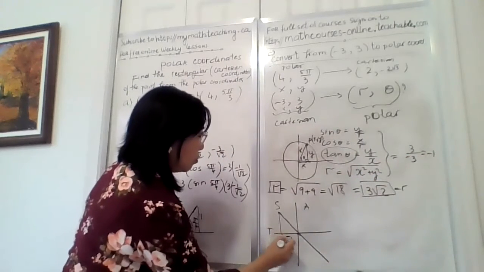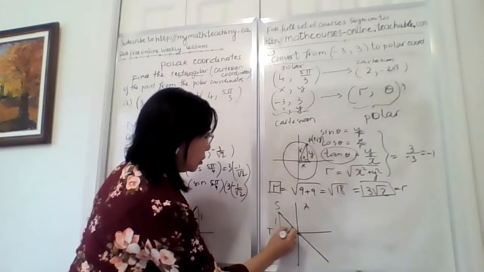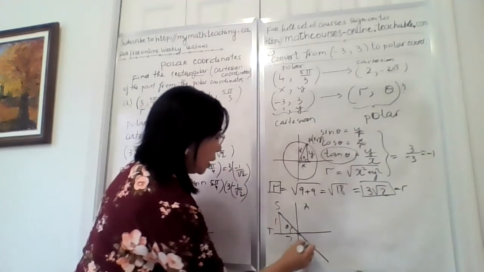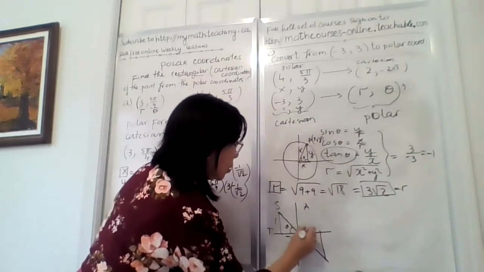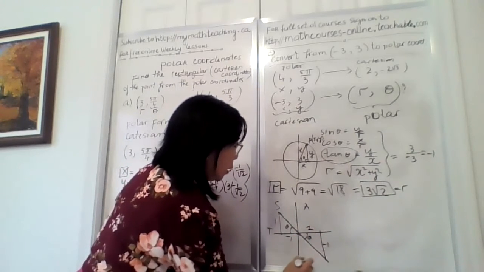So negative 1 and 1, and this is the theta, and in this quadrant as well, you have 1 here and minus 1 here.